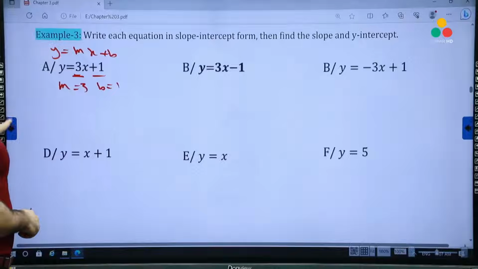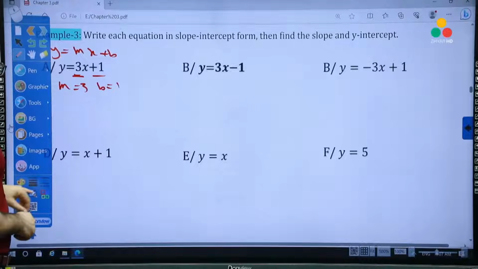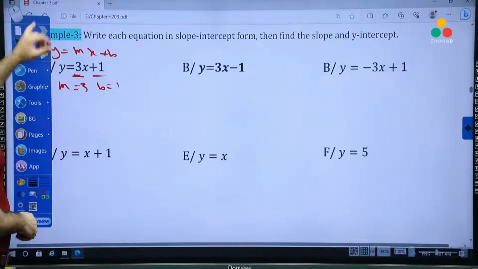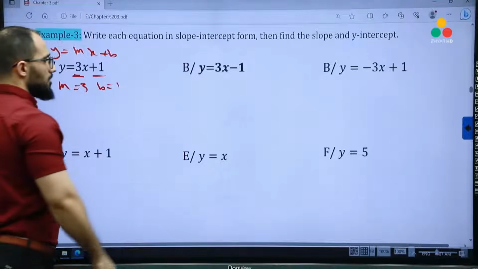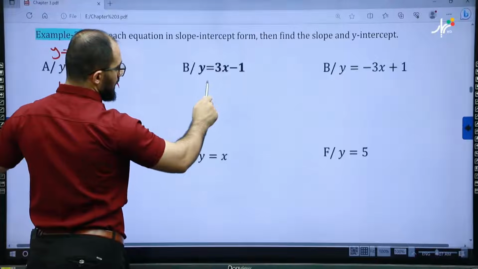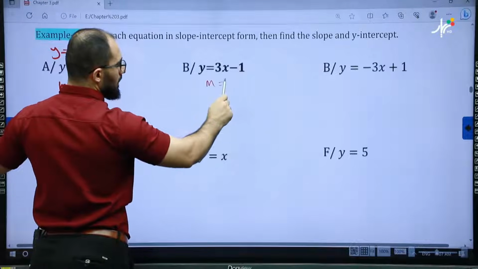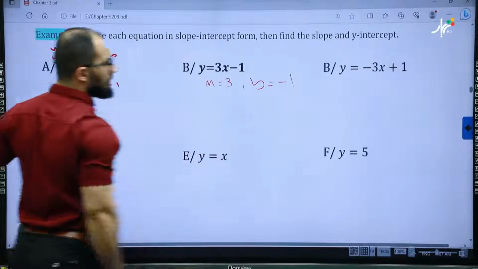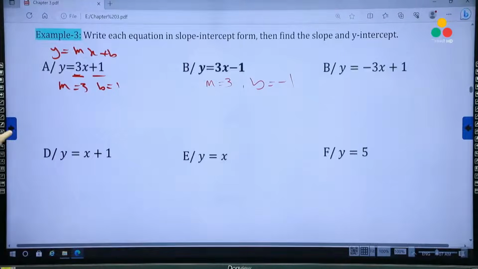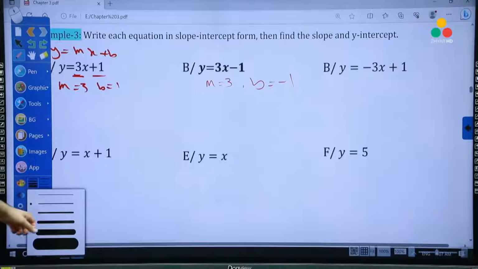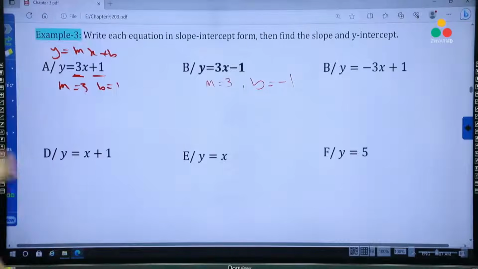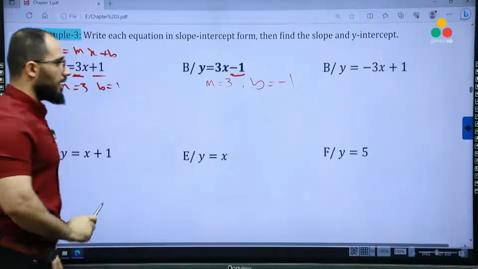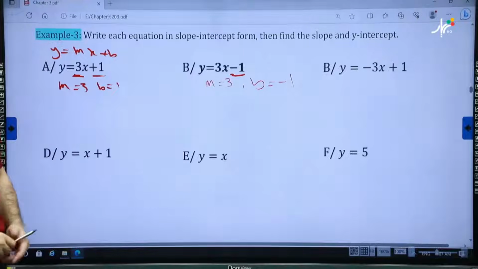Okay. Then example B, again, m is equal 3, but b is equal negative 1. Be careful. B is equal to negative 1 because the sign of 1 is negative. So m is equal 3 and b is equal negative 1.